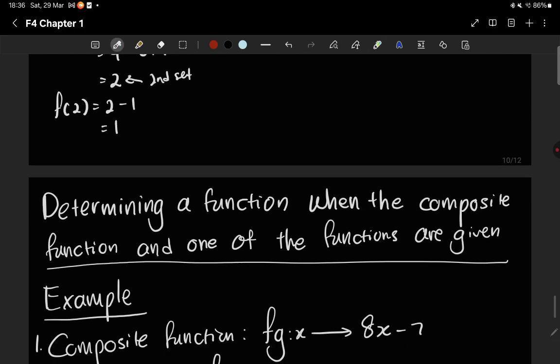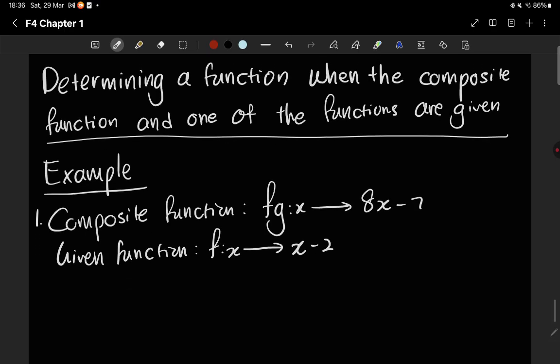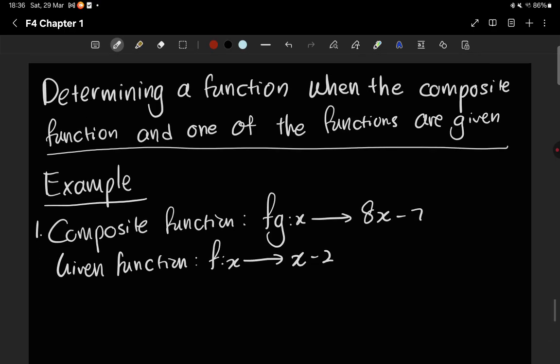Alright, and for the final part of our video, this part is rather interesting. We are trying to determine a function when a composite function and one of the functions are given.